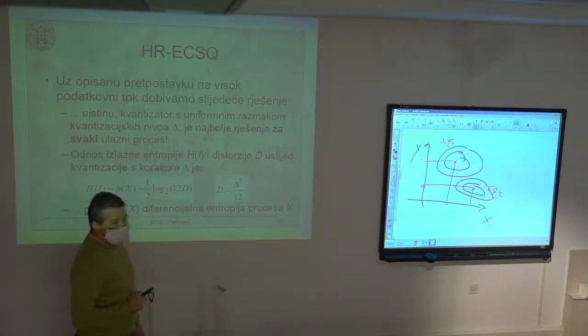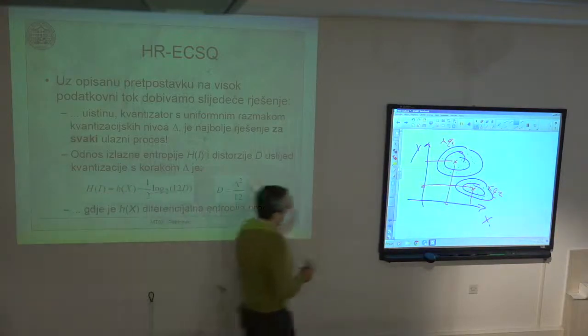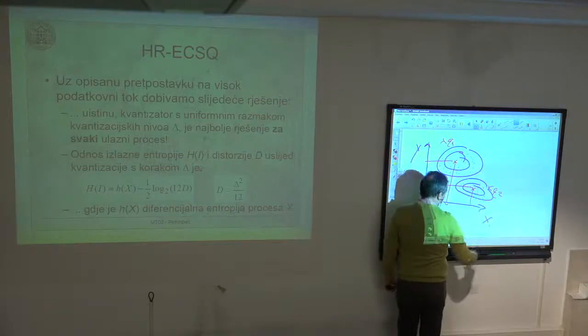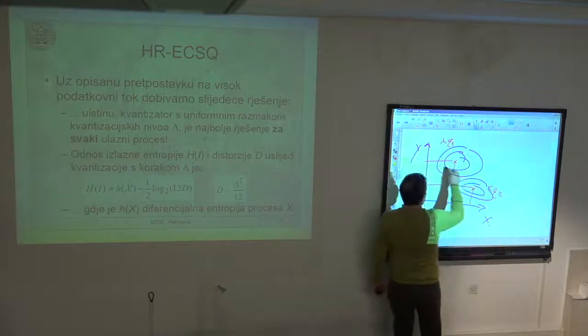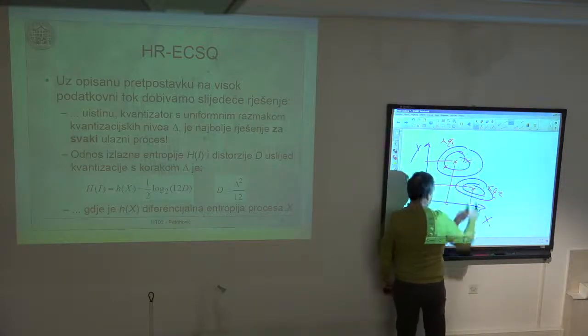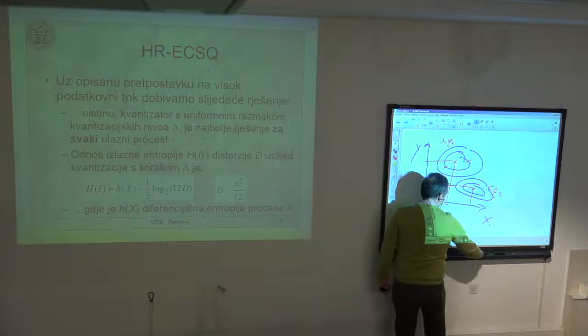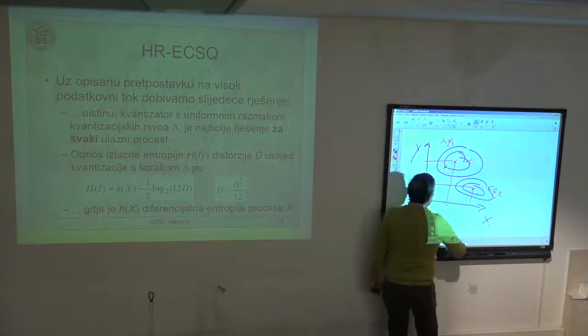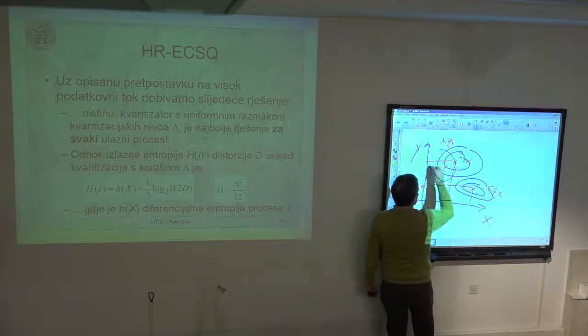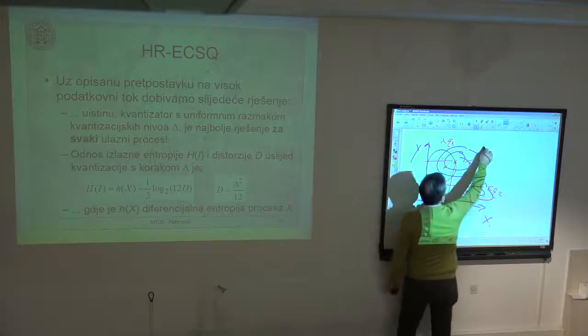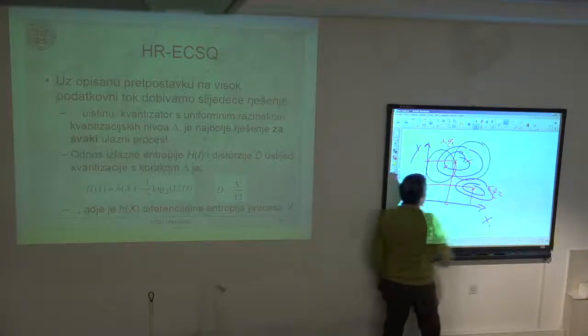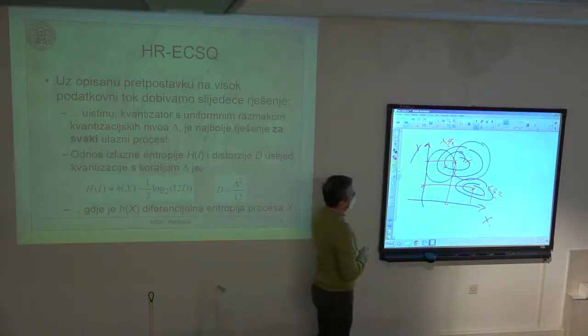Maybe I should put it to split this one into two halves. Maybe this and that. And after that, this part corresponds to one of the representatives, and this part of the process is then modeled by another representative.